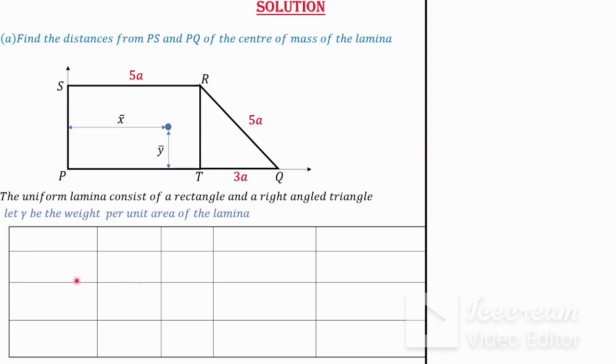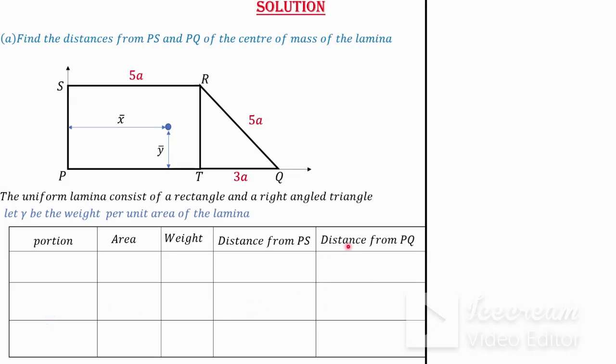So then coming out with that table, what does this table consist of? It consists of the portions, that is the rectangle and the right angle triangle, their corresponding areas and weights, then the distance from PS of each portion, that is the distance of the rectangle from PS and the distance of the right angle triangle from PS.